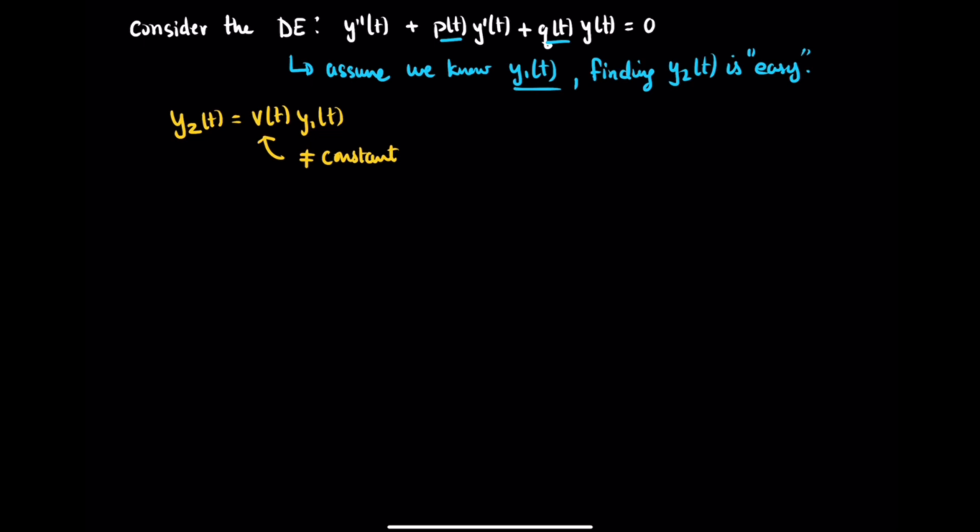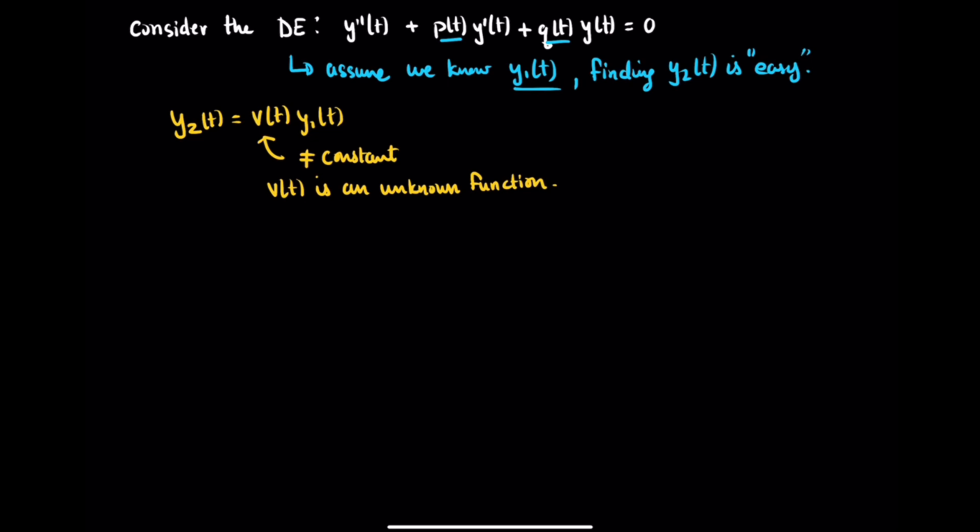So v(t) cannot be a constant, and so v(t) is some unknown function. We're multiplying y1(t) by some unknown function.